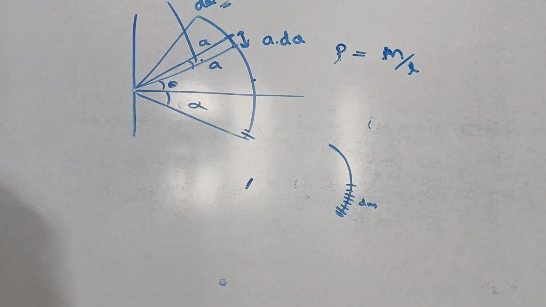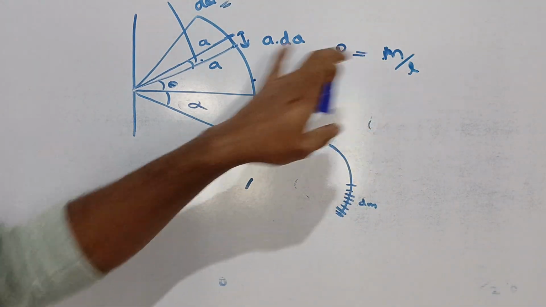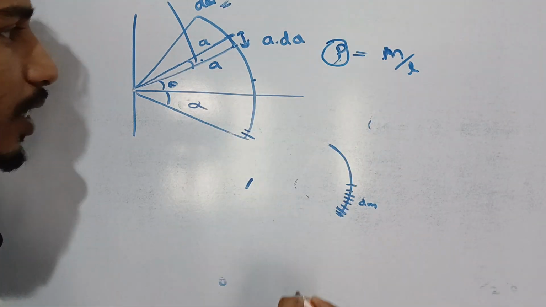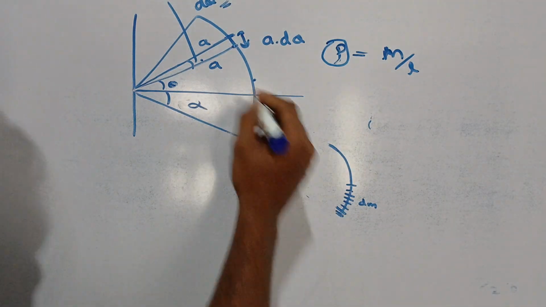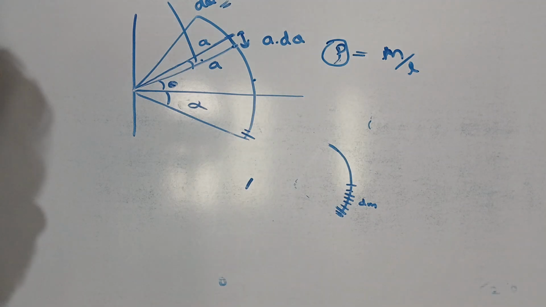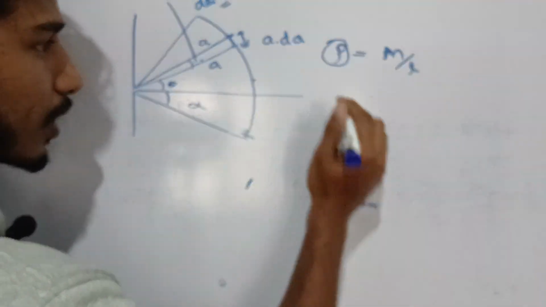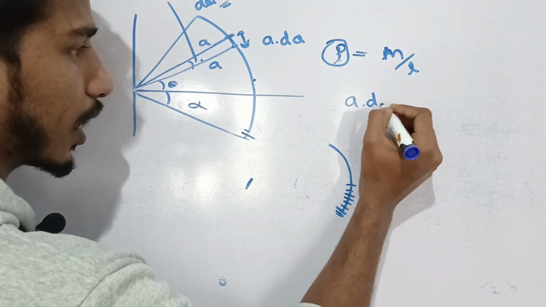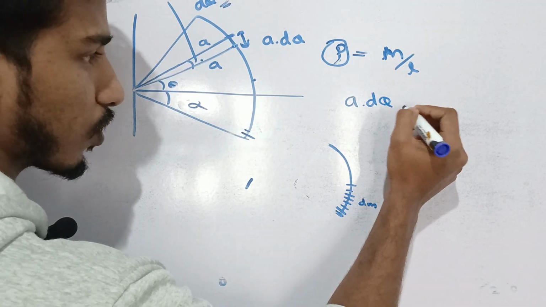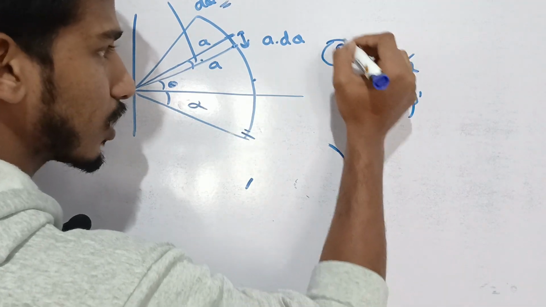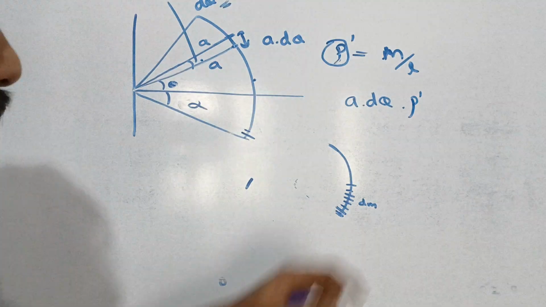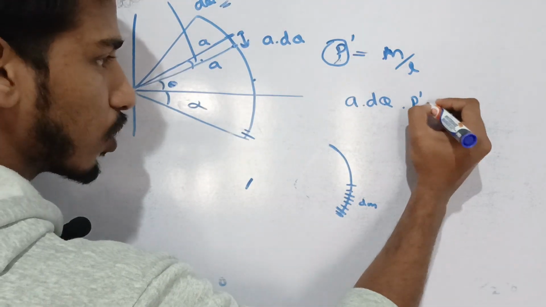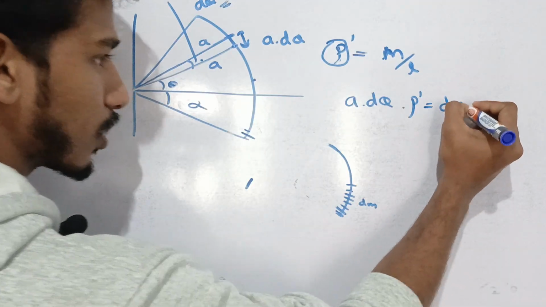Each piece has the same density, but there will be different masses at different locations. So the negligible mass dm is a d theta, let's take rho dash, because rho is density, so rho dash is linear density, times it. This gives you the negligible mass.